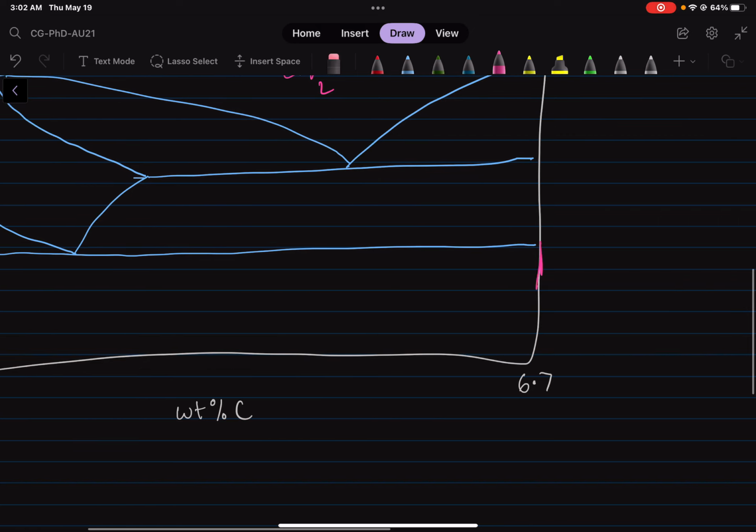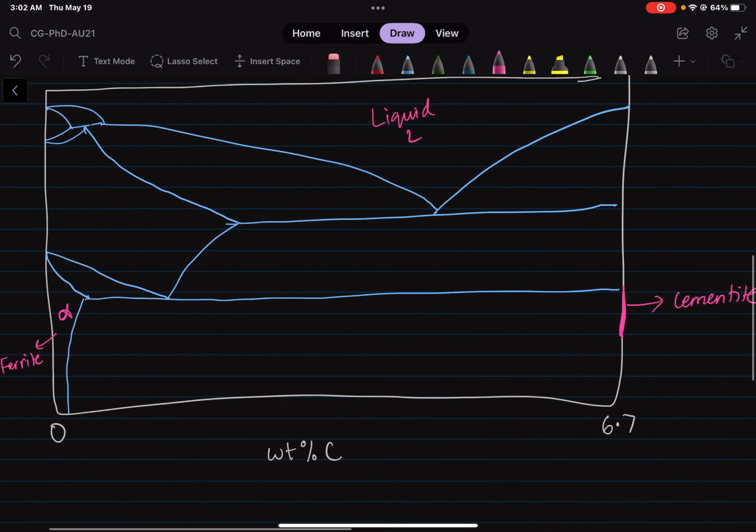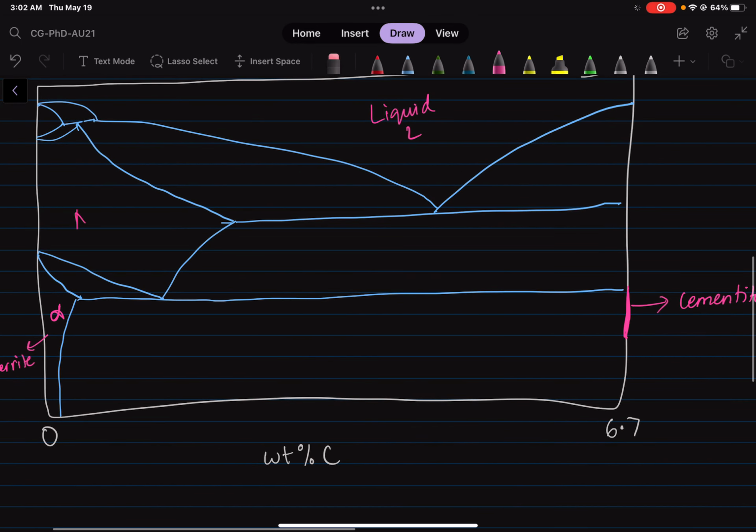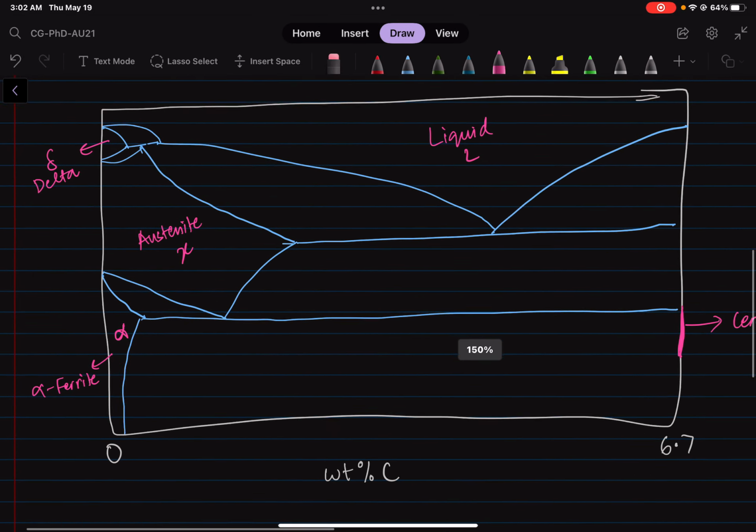The right edge, which is the 6.7, is the cementite. All right, and then we have an austenite phase gamma on this side, and then we have a delta phase at the top left, and these are the single phases that are present.